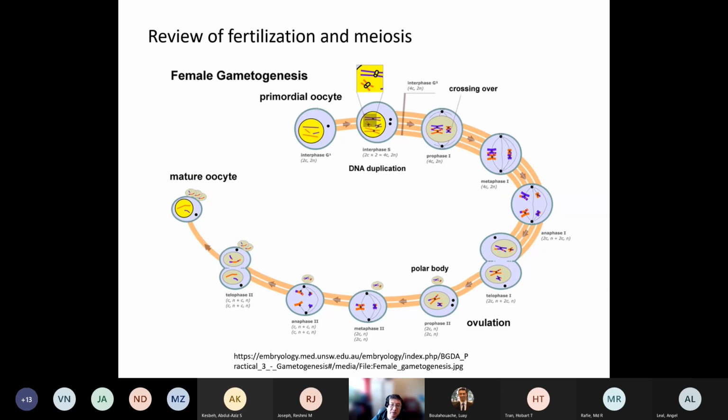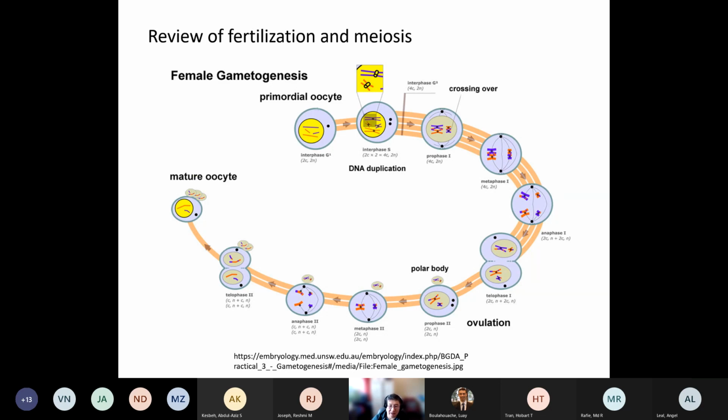So the chromosomes at that time are aligned at the equator, but nothing will happen until that oocyte is fertilized. Until the sperm enters, nothing will happen. When the sperm enters the oocyte, the process will continue.